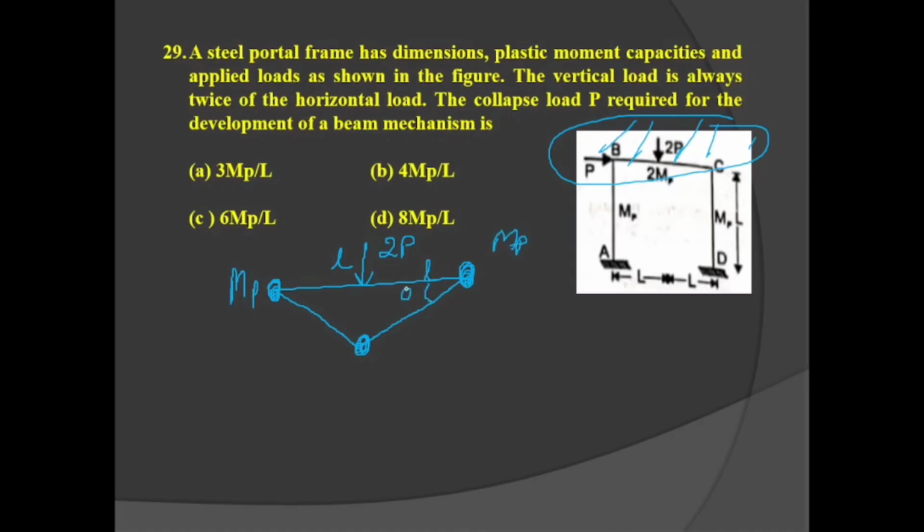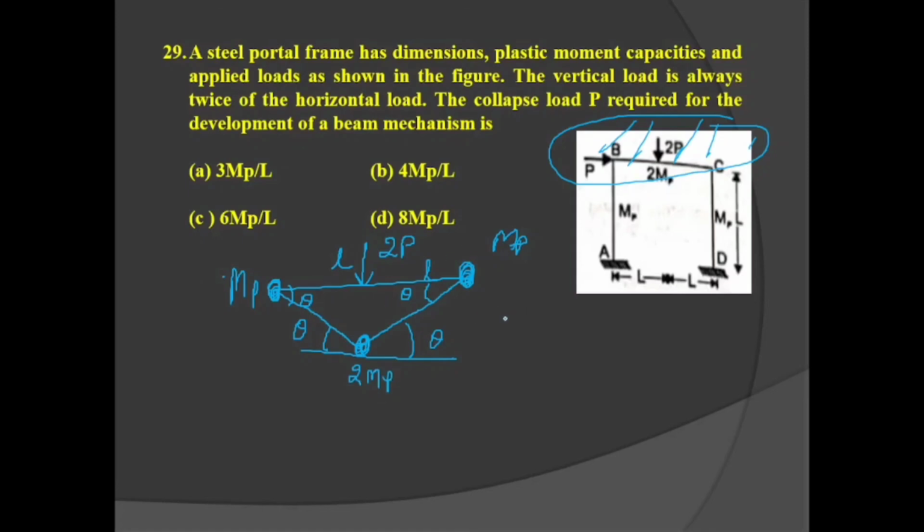Since lengths are simple, this is our theta, and this is our theta. The moment at the junction is simple moment only.